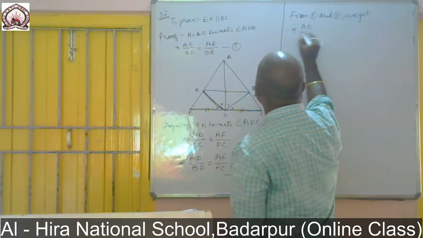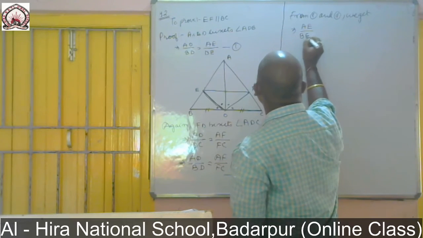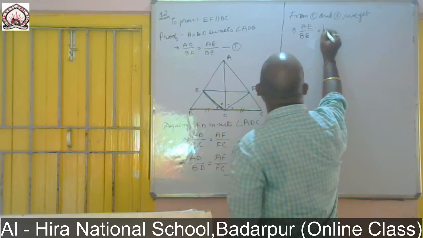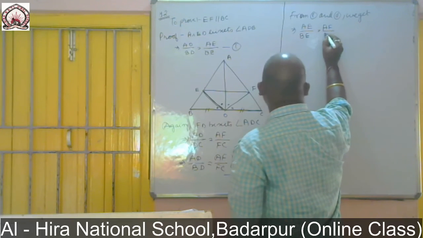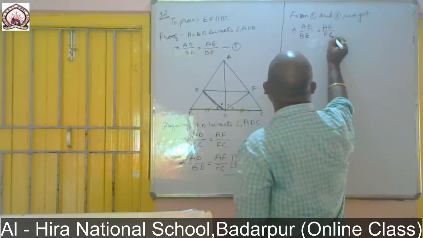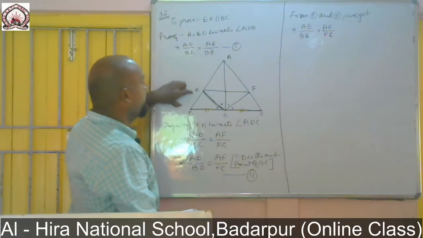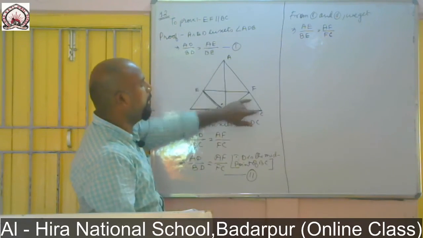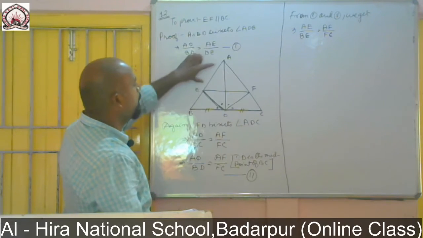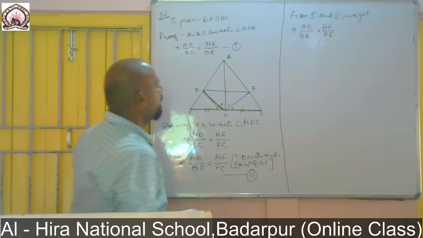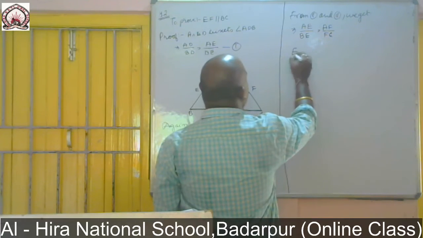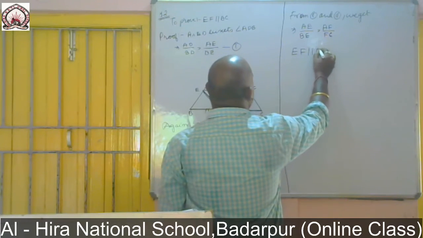AE by EB equal to AF by FC. Now, they are in proportion.